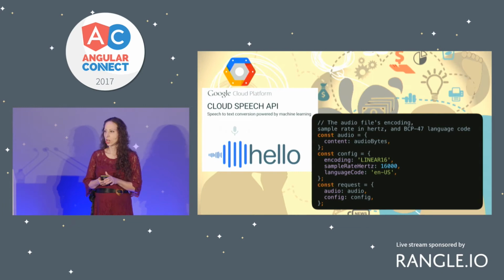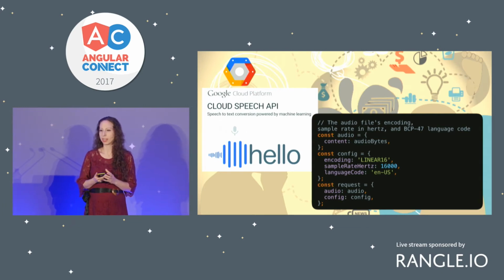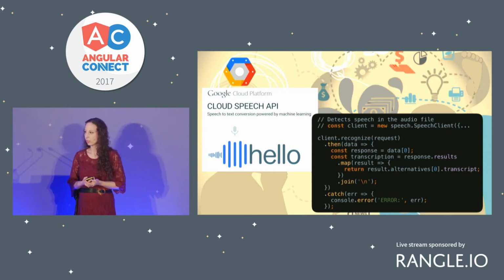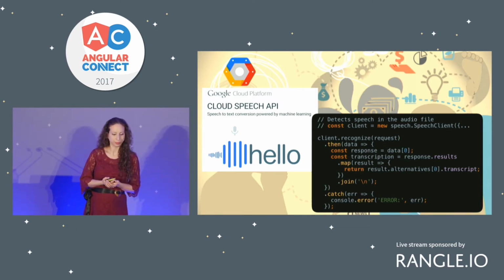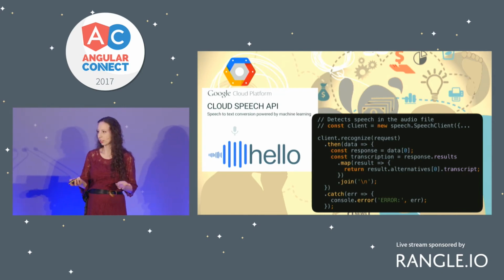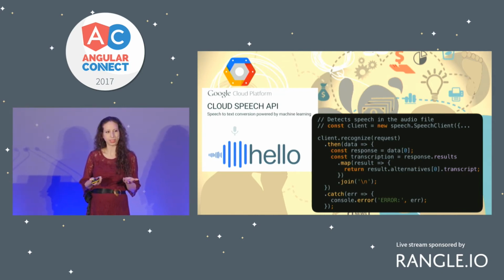We have over 110 languages and variations at this moment. You send this to the Google Cloud Speech API, and you get the response back, the results. You get the transcript. And of course, it's a promise, so you can use then and catch for errors.